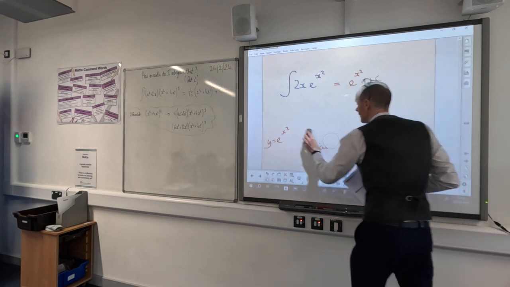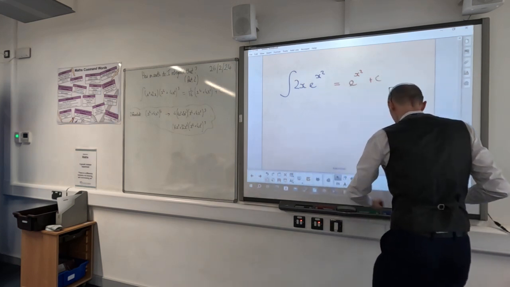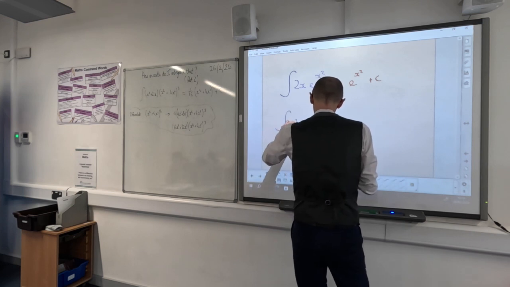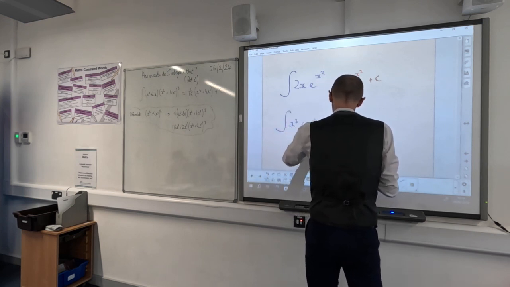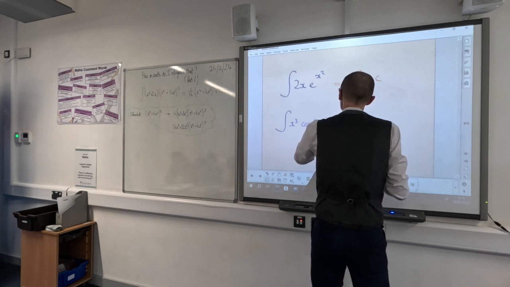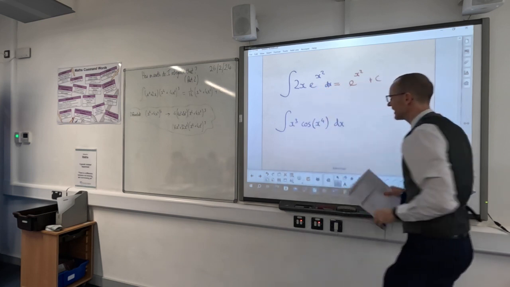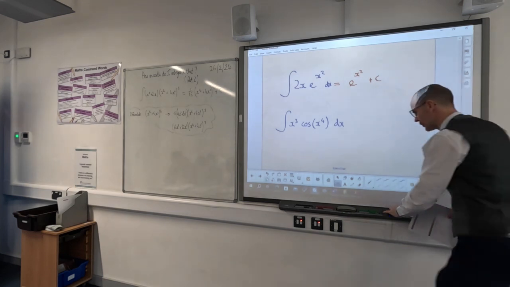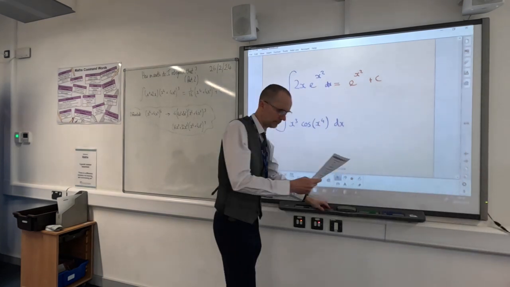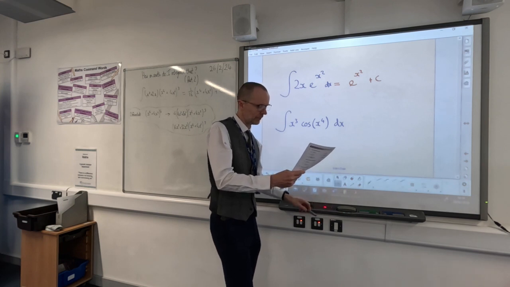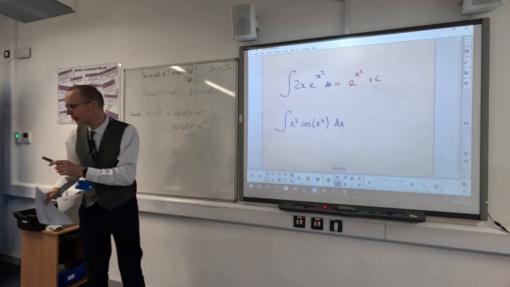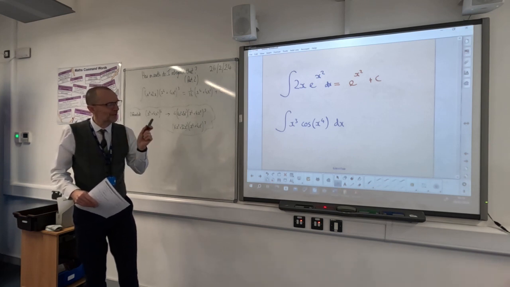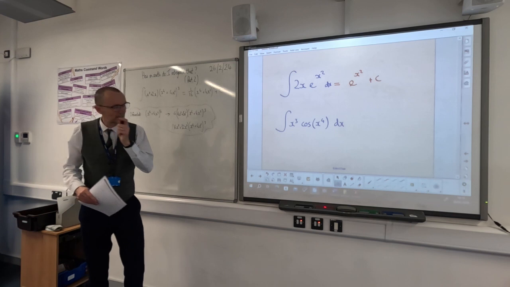And with number 7, just got to say, oh, do you know what? What would I get if I differentiate cos of x to the power of 4? Sorry, it's not cos x to the power of 4, is it? I've got to think that may well have been something to do with sine x to the power of 4.